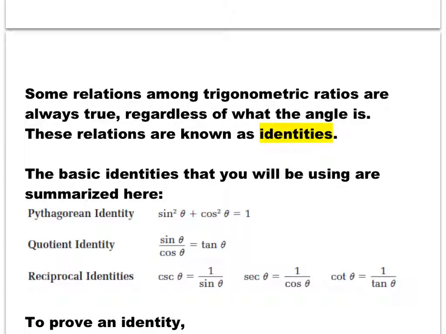So some relations in trig are always true, like sine squared plus cos squared is equal to 1. No matter what the angle is, it's always equal to 1, which we are going to prove, and you can see how simple the proof is. These relations we call identities.